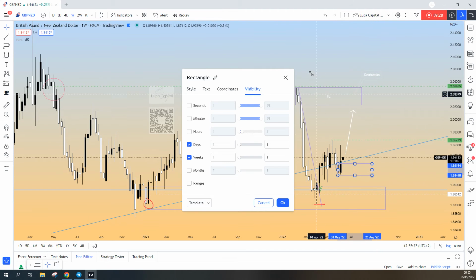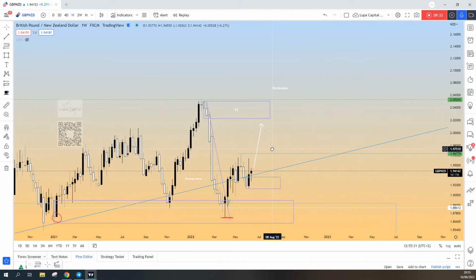So let's just chuck this in and leave it on a weekly and daily. So here, the market created the top also, which is the hurdle on the way to the fresh level. Due to this rejection, you can call this a large trading zone and trading range or consolidation pattern.